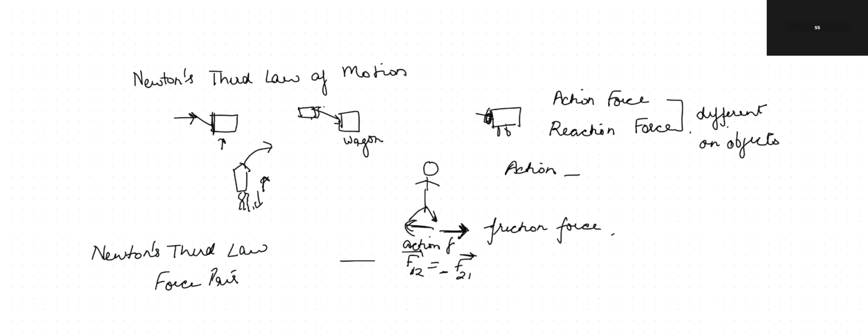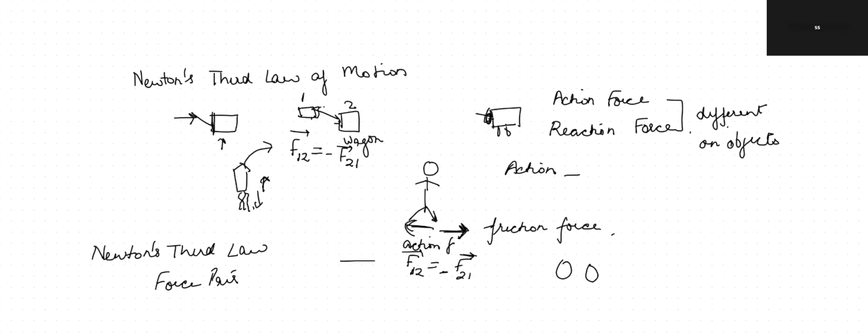So for every force, suppose this is object one, and it exerts a force on object two, there is an equal and opposite force exerted on two by one.